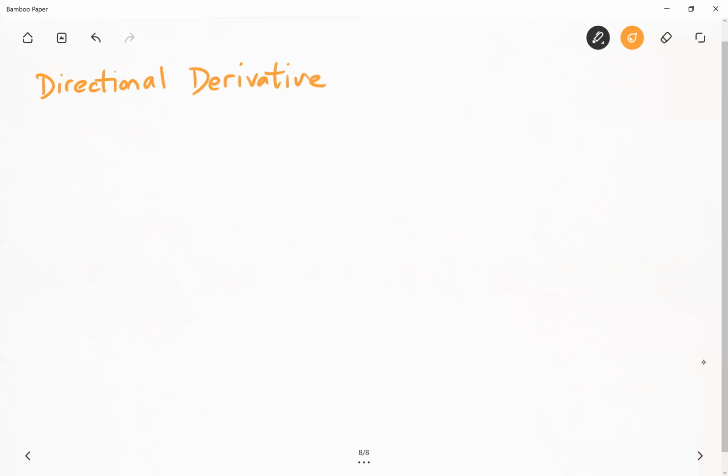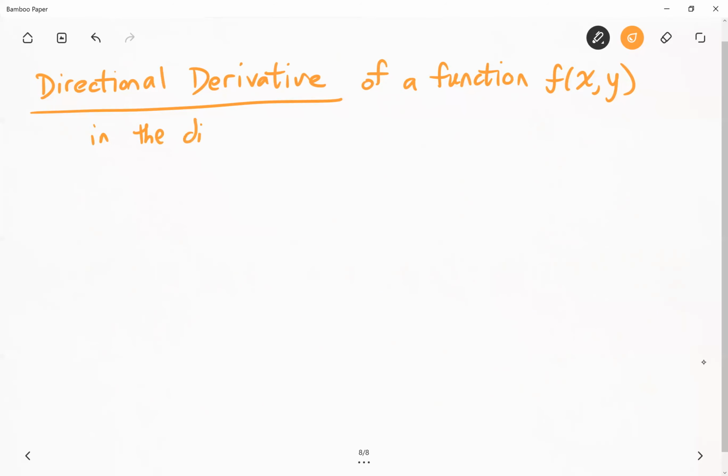The directional derivative of a function of more than one variable, f of xy, in the direction, let's say we have a unit vector, u, which I'll write as having components u1, comma u2.